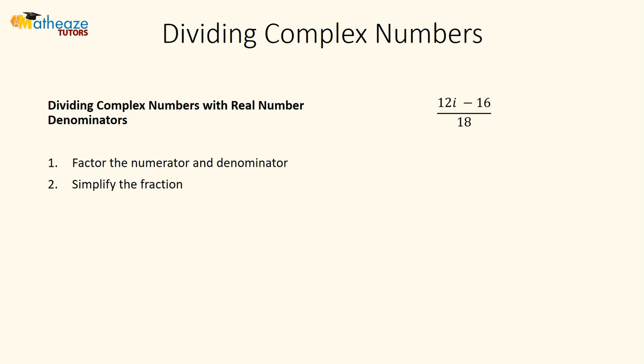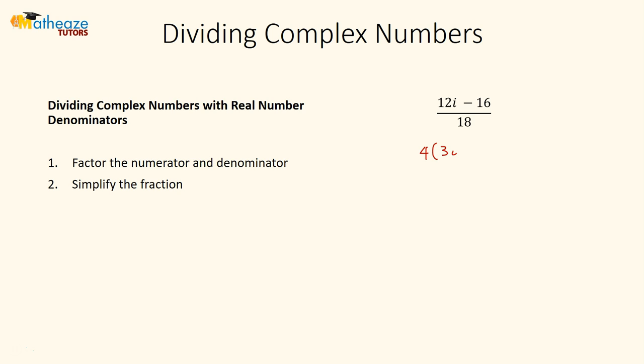So when we divide complex numbers with real number denominators, we're going to treat it as if we're just simplifying a fraction. So what we're going to do here is try to factor the numerator. When we factor the numerator, we have 4 as a common factor.